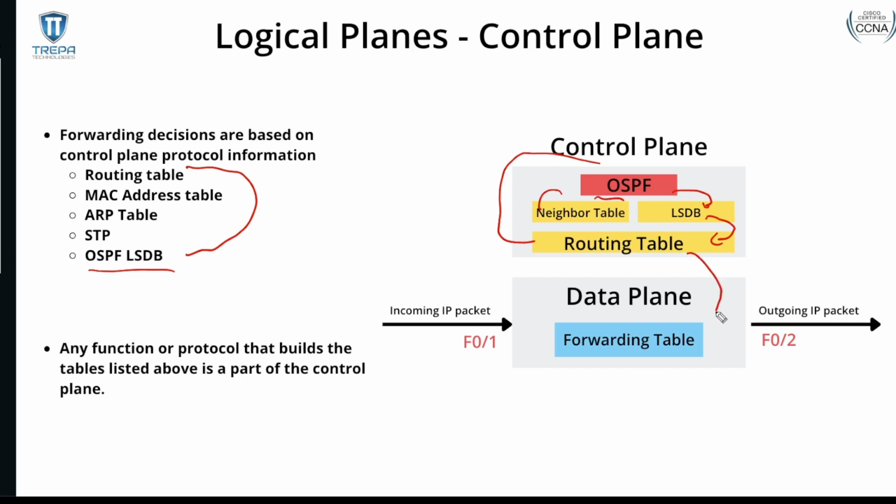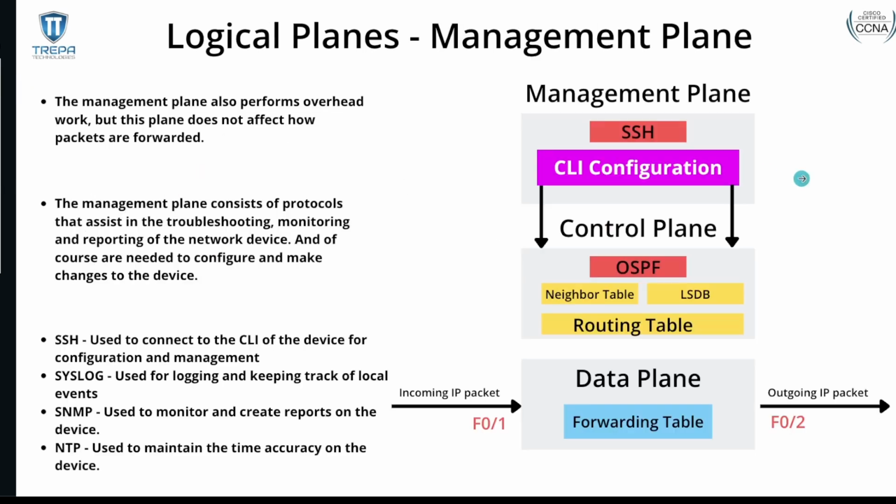And then that informs our forwarding table. So any function or protocol that builds the tables listed above is part of the control plane. Again, the OSPF protocol does not actually forward traffic. It just informs the data plane by building a global routing table, and that table tells us how to forward the packets, where to send them.